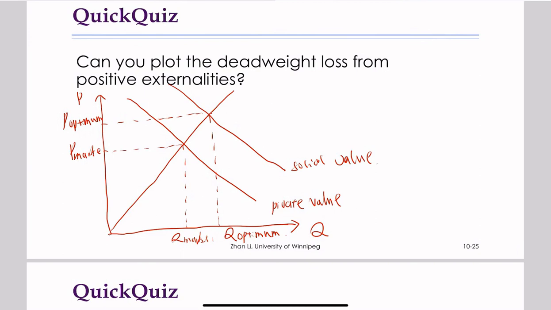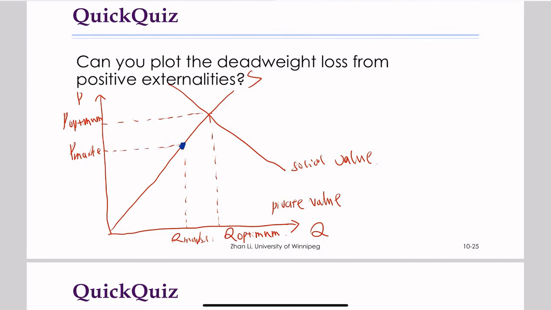Here, you will focus on the supply curve and the social value curve. Right? So you will focus on the social value demand curve. And now I am asking you to find out the deadweight loss. You will find this is actually very easy to solve. So for the market equilibrium, we are looking at this point.